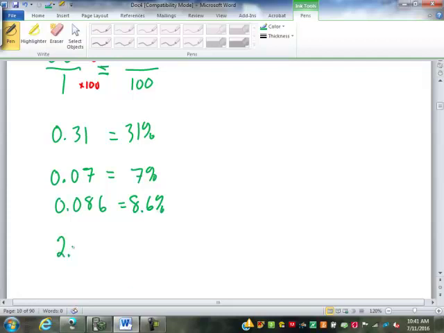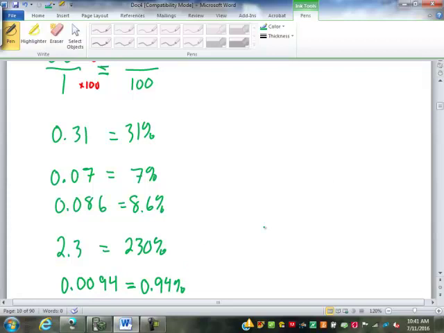Good. 2.3. What's that going to become as a percent? 230%. Good. 0.0094, what's that going to become as a percent? 0.94%. Good.